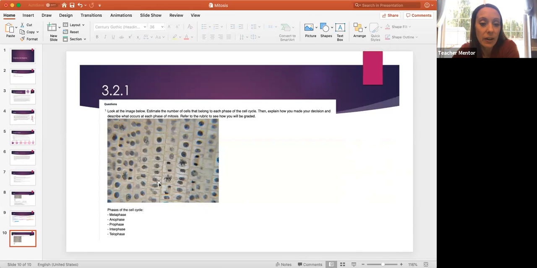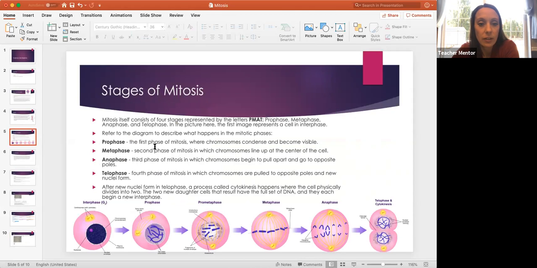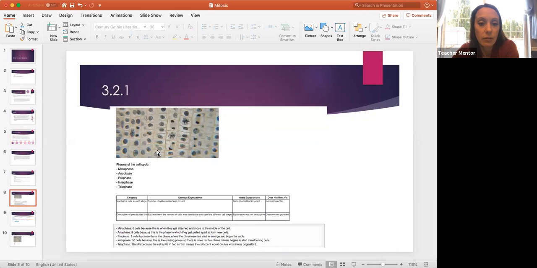Okay, and then from here, you would go down the line and think about looking at the different phases. So if we go to prophase, you can go back to your notes and look at, this is the first phase of mitosis where the chromosomes condense and become visible. So you could look over here and say, okay, they're starting to condense, become visible.